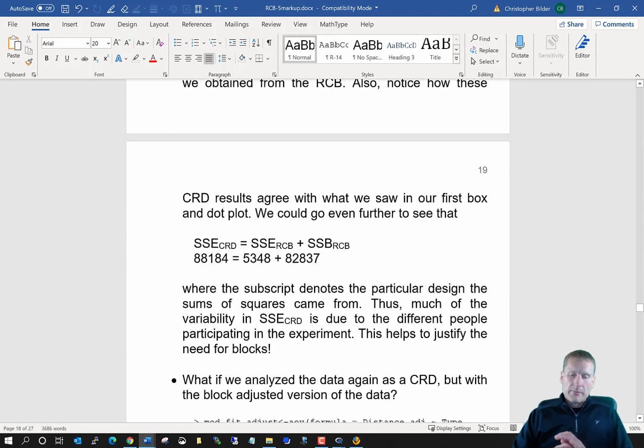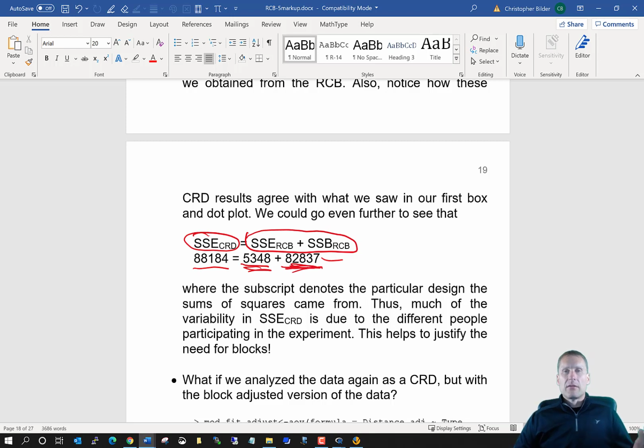So in particular, if you go back to our output for the RCB, find SSE, find SSB, look at how much larger SSB is than SSE. So there was a lot of variation from the golfers. And if you look at the SSE from the completely randomized design output, you get 88,184. And these all add together. Okay.